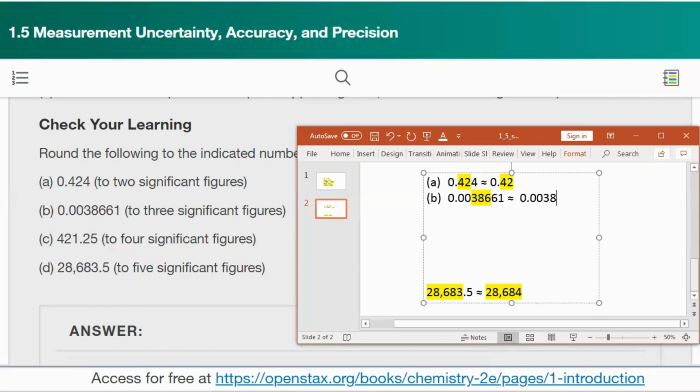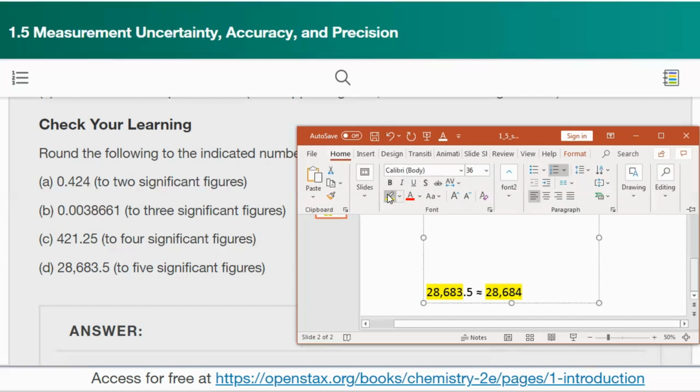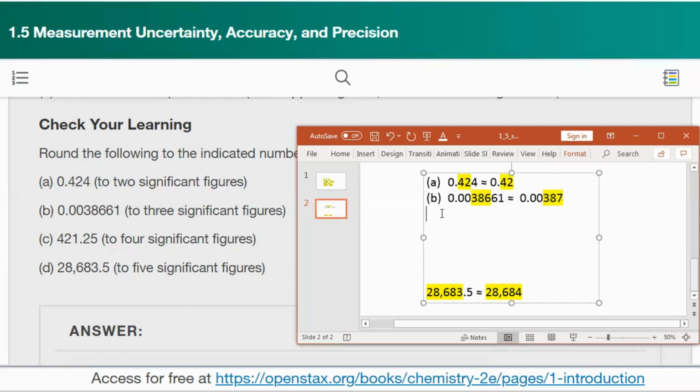Whether we retain it as a 6 or not depends on the number we're going to drop, and then any number to the right of it. And so, since that's a 6, we round this number up to 7, I'm sorry. Up to 7.